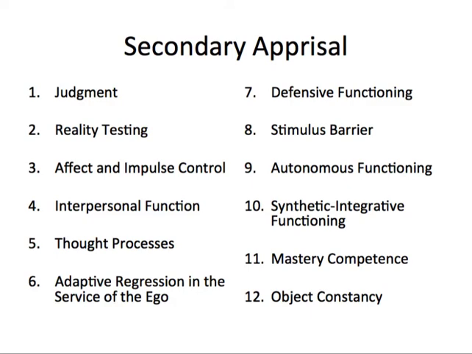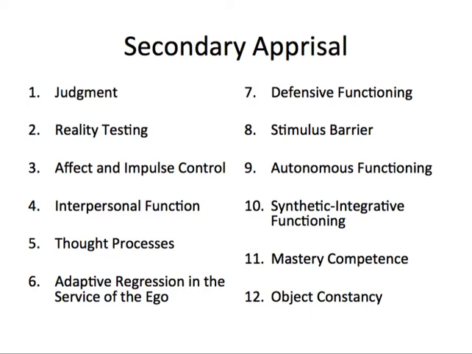Interpersonal function refers to the ability to sustain relationships despite separation or hostility. This is sometimes referred to as object relations, or the capacity for mutually satisfying relationship. The individual can perceive himself and others as whole objects with three-dimensional qualities.